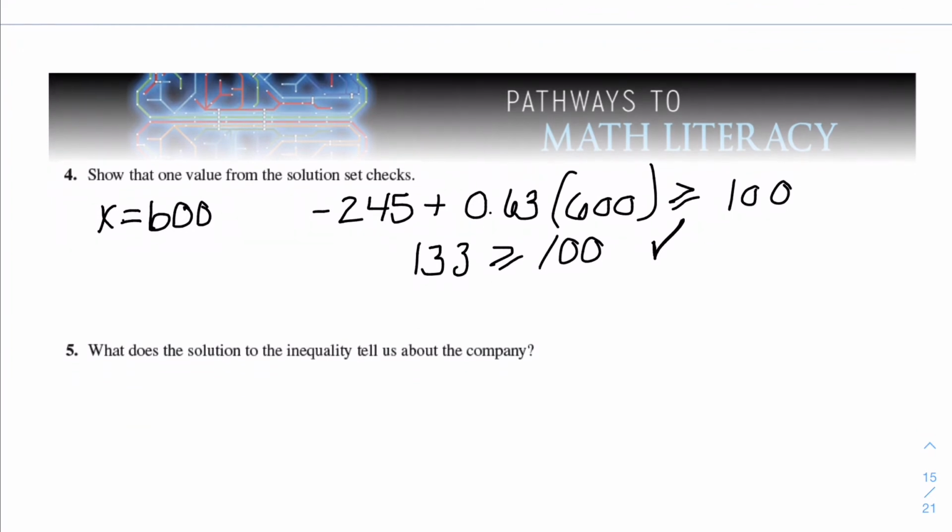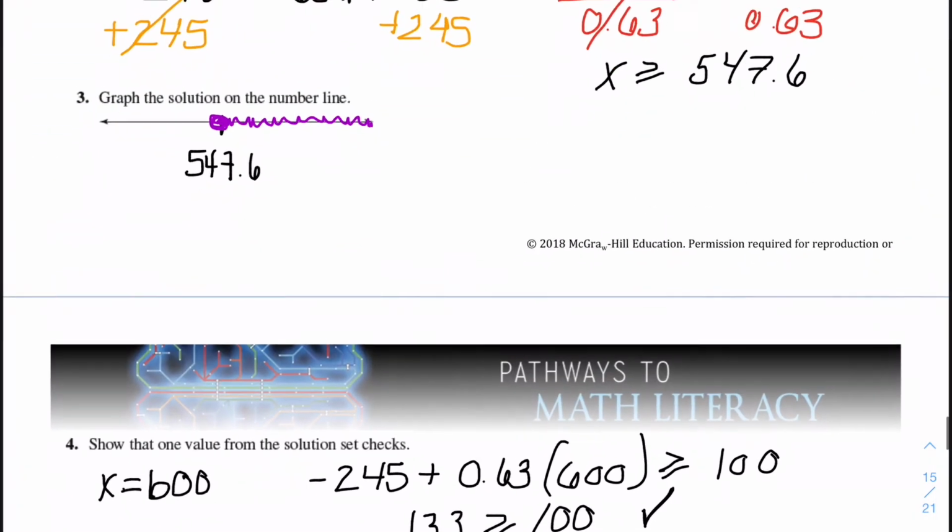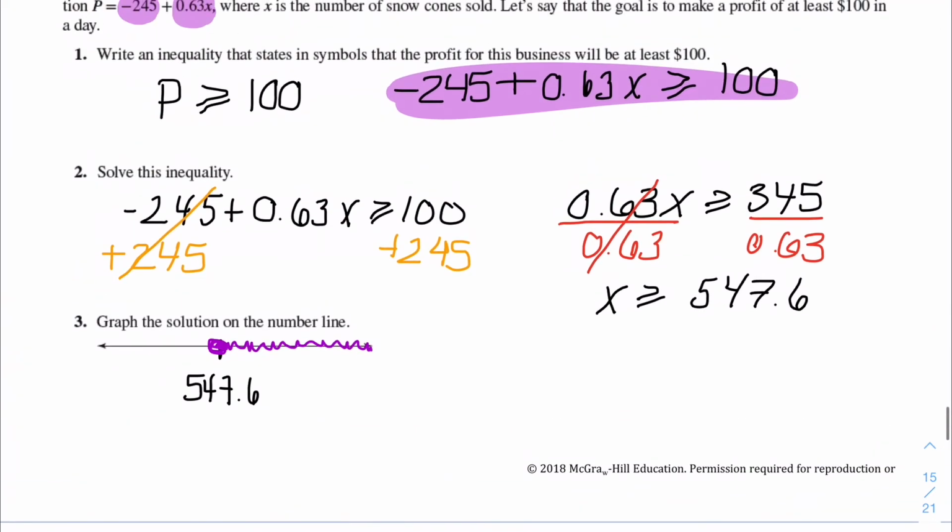So what this actually tells us is any value of x greater than 547.6 will satisfy this inequality, which means your profit is going to be greater than $100.